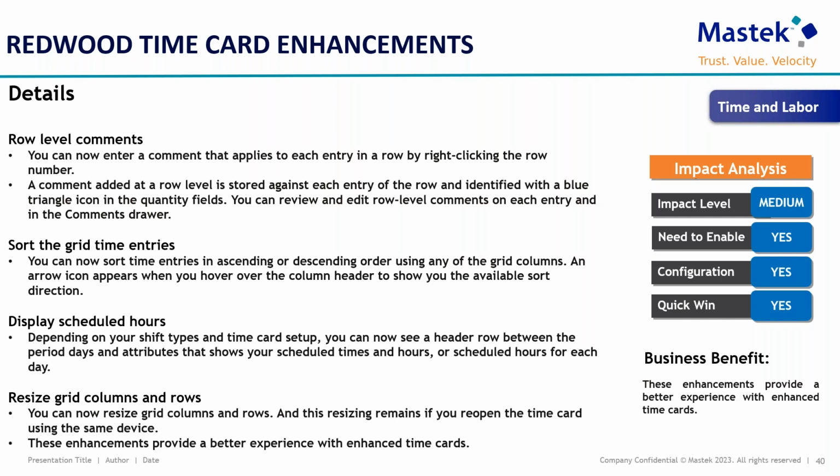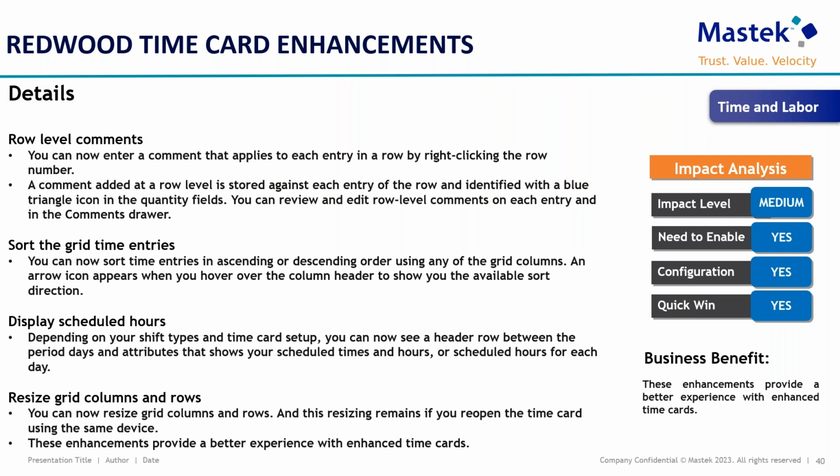The next one is sort the grid. Using this particular feature, Oracle is giving us an option to do the sorting based on the time cards in ascending or descending order. So that's the added filter and look and feel as part of Redwood enhancement. We also can add display scheduled hours and resize the grid columns and row.